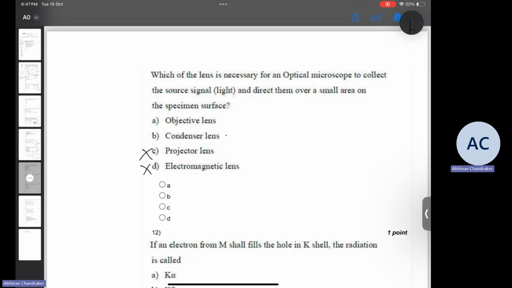So this has the purpose of just converging the incident beam which is coming from the source, while an objective lens is used to converge the beam even further so that we can get a magnified image, in case of a reflection type microscope, from the reflected light. And based on the strength of the objective lens used, we'll have different magnifications in the final image that is formed.